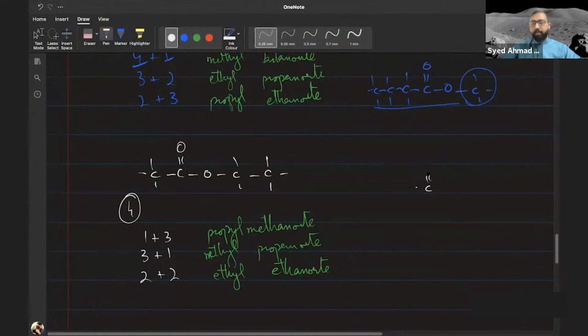तो सबसे पहले मैं C डबल बॉन्ड O बनाता हूँ और मेरे पास अल्कोहल साइड पे प्रोपाइल मतलब 3 कार्बन हैं और दूसरी साइड पे मेथनोएट 1 ही कार्बन है, तो वहां पे हाइड्रोजन डाल दिया और मेरे पास बन गया. मिथाइल प्रोपेनोएट कैसे बनाऊंगा?